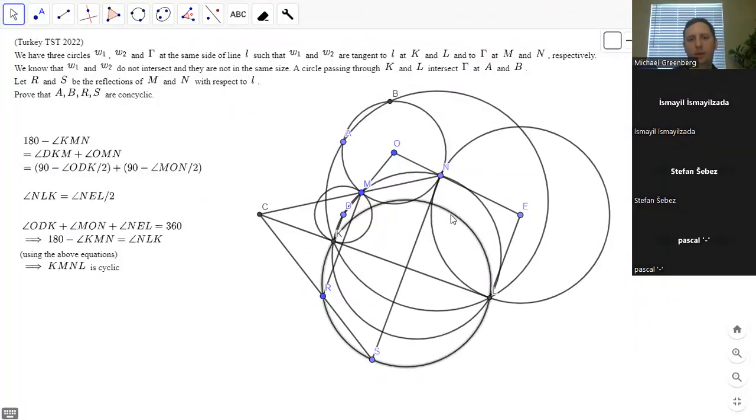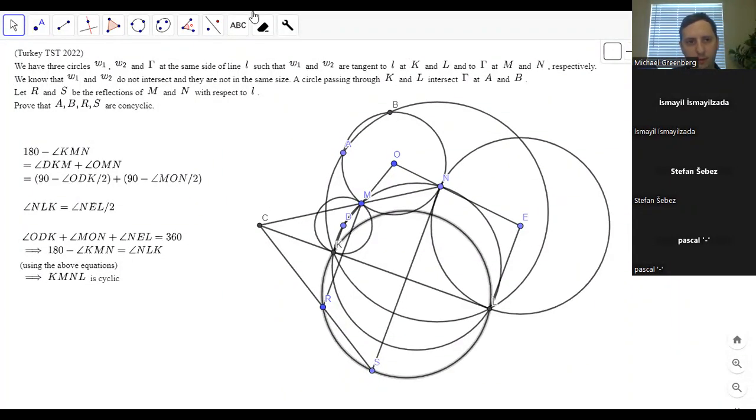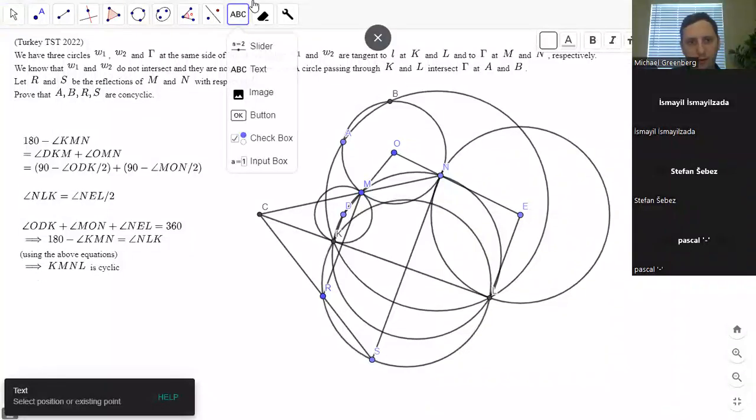So let me see if I remember how to do that. Just symmetry, because R and S are a reflection of M and N, over K and L. So if K, M, N, and L is cyclic, yeah, you're right. Okay. So by symmetry, by reflecting over L and K, KRSL is cyclic.